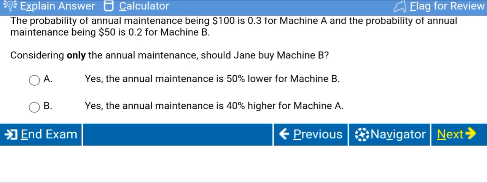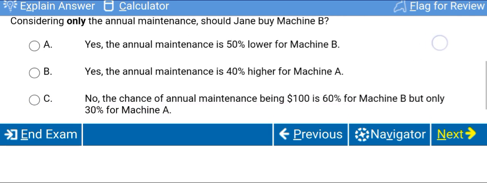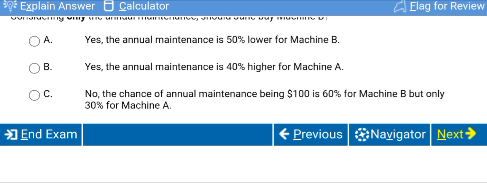So considering only the annual maintenance, should Jane buy machine B? Option A, yes. The annual maintenance is 50% lower for machine B. Option B, yes.